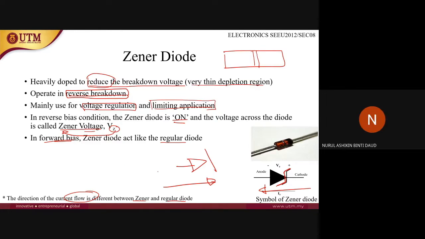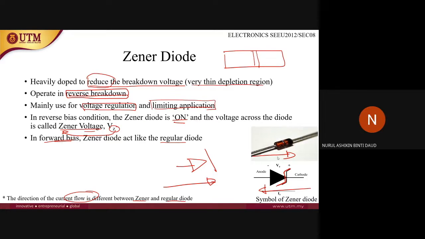Sensei, maksudnya kalau yang Zener diode ni, kalau forward bias dengan reverse bias dia akan still function lah? Yes, kalau forward dia takkan off. Betul. Meaning the current direction will be different. In a forward bias, the current direction will be the other way around, like a normal diode.